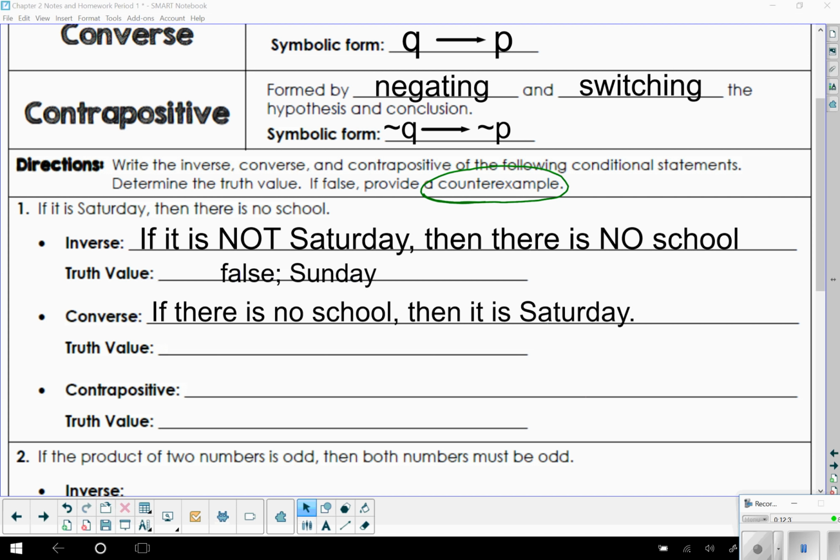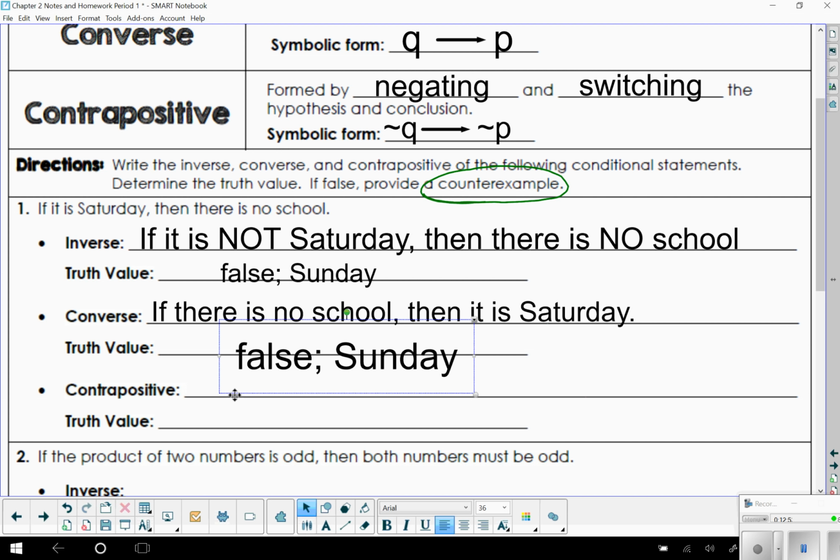If there's no school, then it's Saturday? No. That's also false, because again, it could be Sunday.